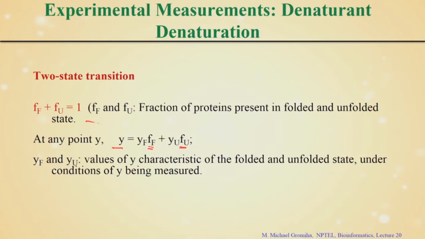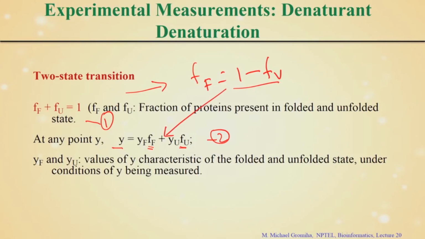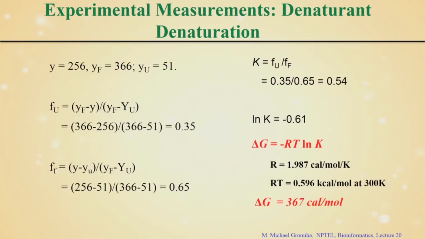Now, you compare equation number 1 and equation number 2, and you can derive the values for fu and ff. For example, ff plus fu equal to 1, so ff equal to 1 minus fu. Now you substitute this value in the equation, and you can calculate the value of fu as yf minus y divided by yf minus yu.